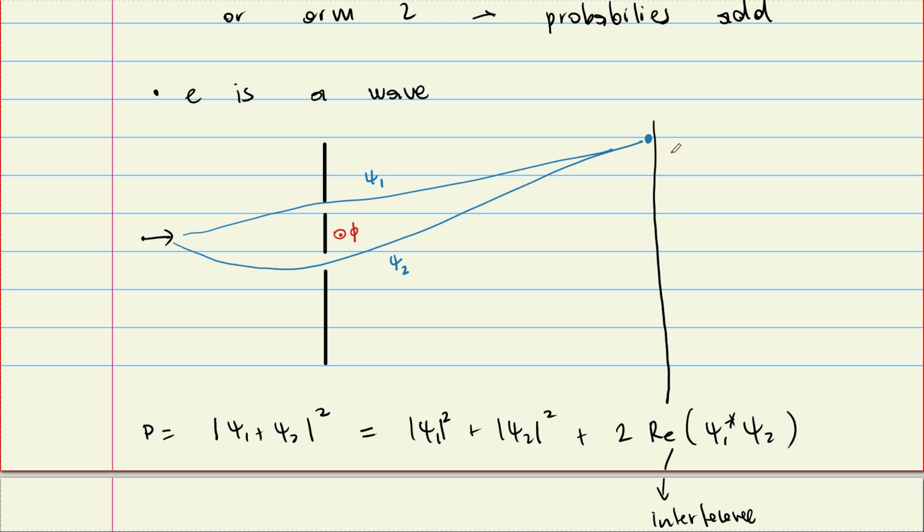Just for reference, initially, before the flux is turned on, it is going to be something like that, and so on, right? It's just the usual interference pattern.